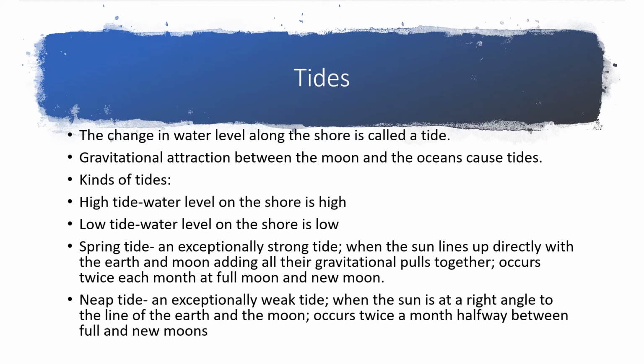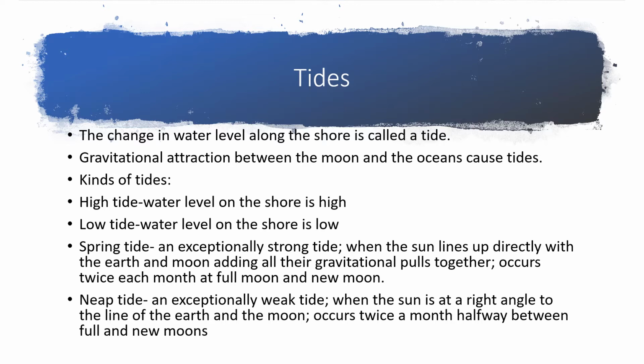And so as the water approaches land, it kind of pulls the water up onto land, and then as it moves past, of course the water goes back into its regular spot. And so we call that movement coming up onto shore and going back out into the ocean tides.